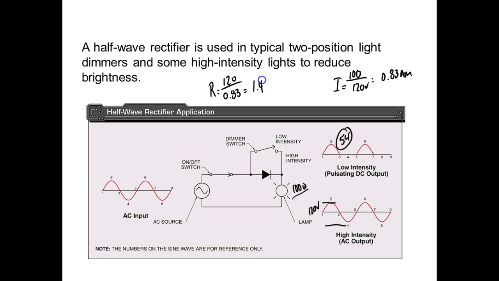About 1.4K, or 1.5K would probably be more correct. So I'm going to calculate the power using V squared. What's our voltage? 54 volts squared divided by R. V squared over R is the way we can calculate power.